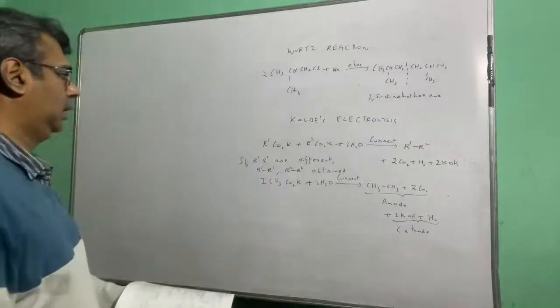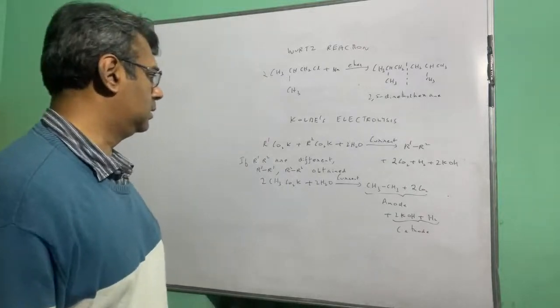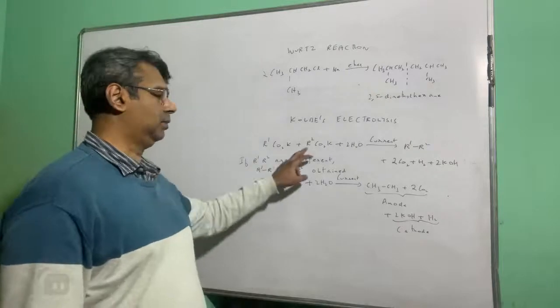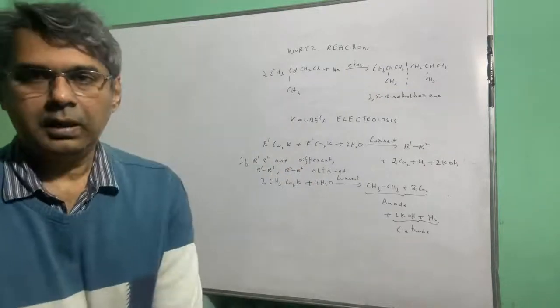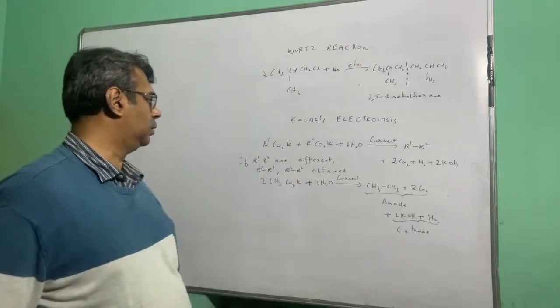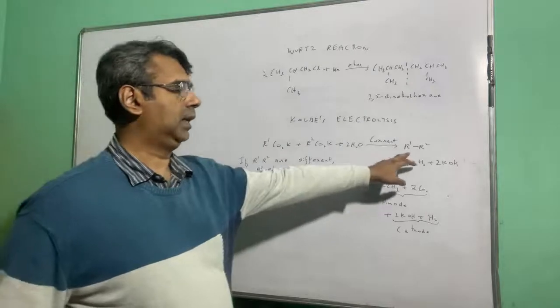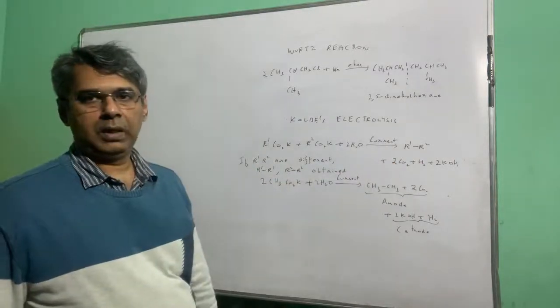So in Kolbe's electrolysis, it is always likely that R1 and R2 might be two different groups. It is not compulsory that R1 and R2 will be the same group. So if R1 and R2 are two different groups, then apart from the alkane R1R2, you will also get R1R1 and you will also get R2R2.